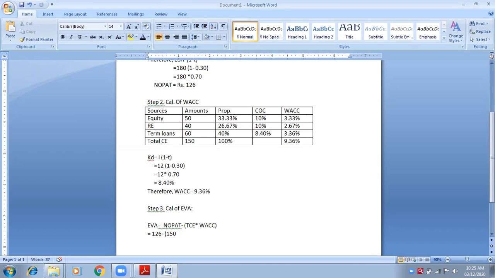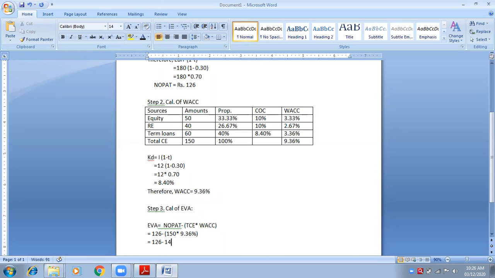So total capital employed is 150 into WACC, which I just calculated in step number 2: 9.36%. Remember the percentage; if you don't press the percentage sign, the answer will definitely be wrong. 126 will stay the same until we solve the bracket. Now open the bracket: 150 into 9.36 percent.